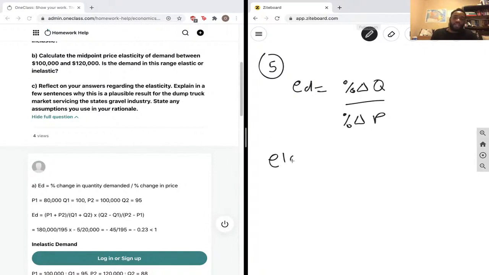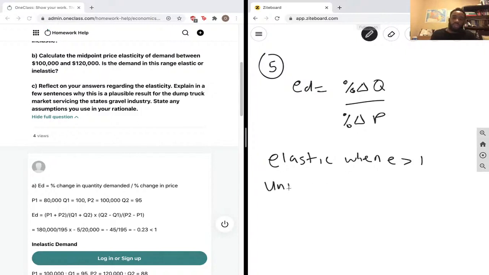Demand is elastic when E is greater than 1.